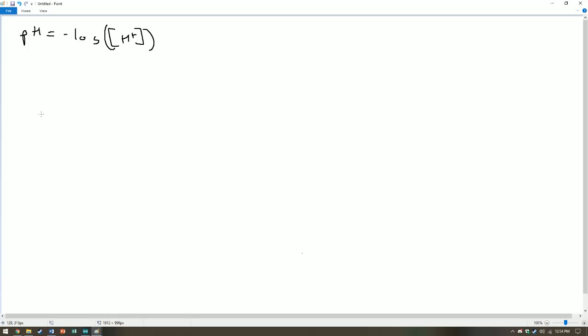We can split this up into really two separate equations. We know that concentration equals total moles over total volume.